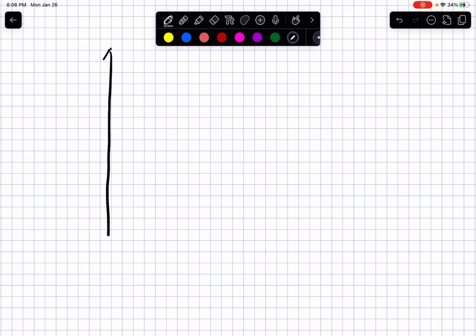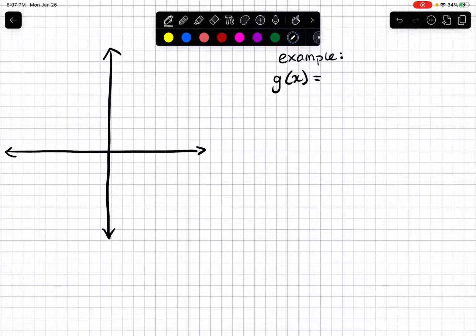So let's say I have the function g of x equals, let's say our initial value, our a value, is 4. Let's say our growth factor is 1.25.